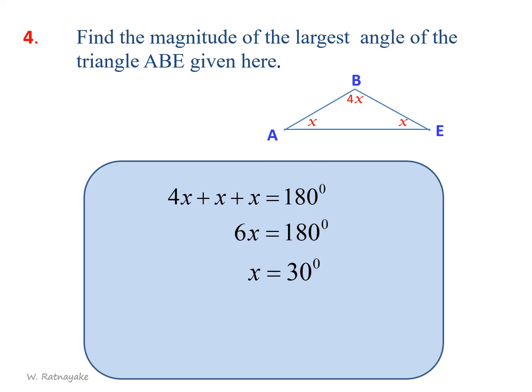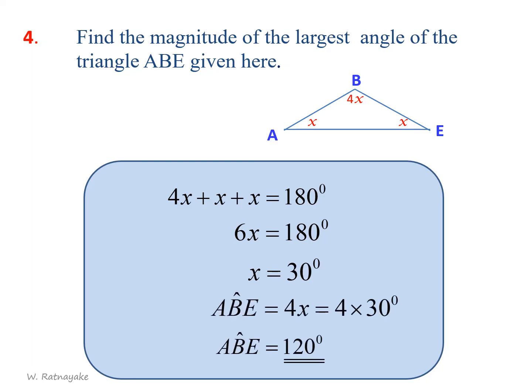Then x equals 30. Now we have to find the magnitude of the largest angle. The largest angle is 4x. So to find 4x, we have to multiply this 30 by 4. You get 120. Therefore, the angle ABC, that is the largest angle, is equal to 120 degrees.